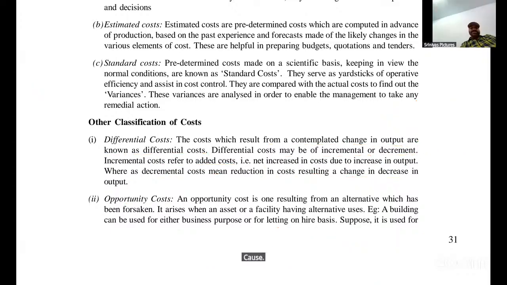Next, non-cost expenses. Non-cost expenses mean what? This is very important. Non-cost expenses mean purchase or sale of fixed assets.